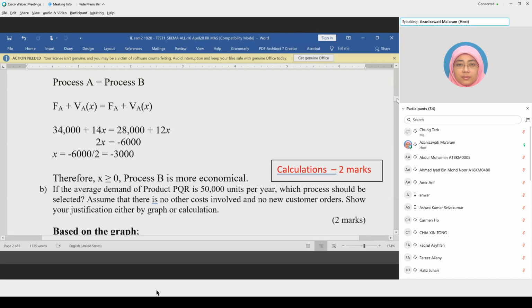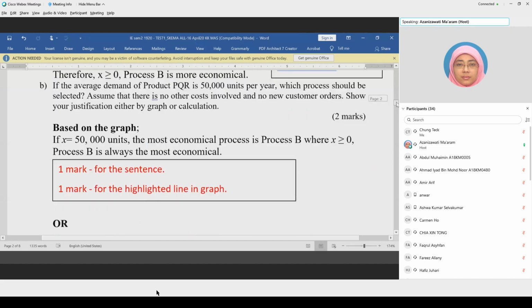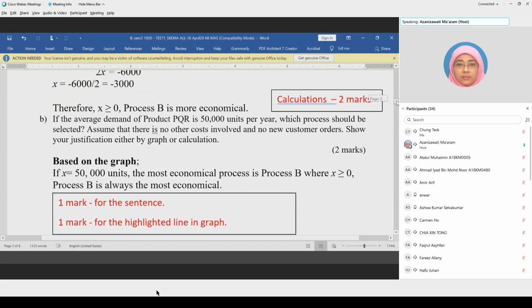Okay. All right. So question B, if the average demand of product PQR is 50,000 units per year, which process should be selected? So assume that there is no other cost involved and no new customer orders and show your justification either by graph or calculation.